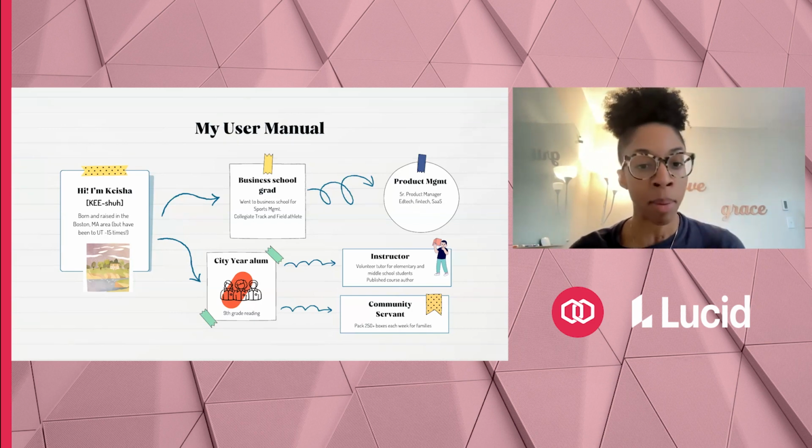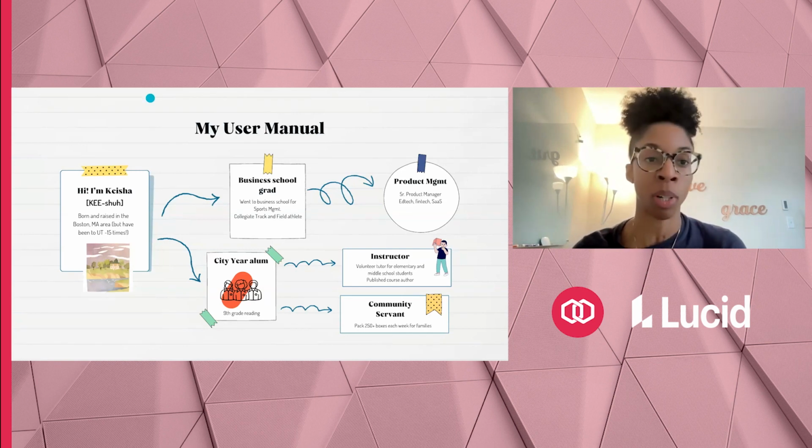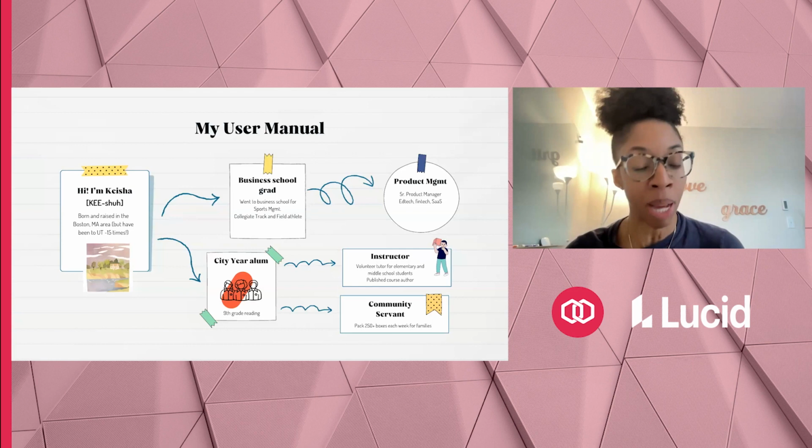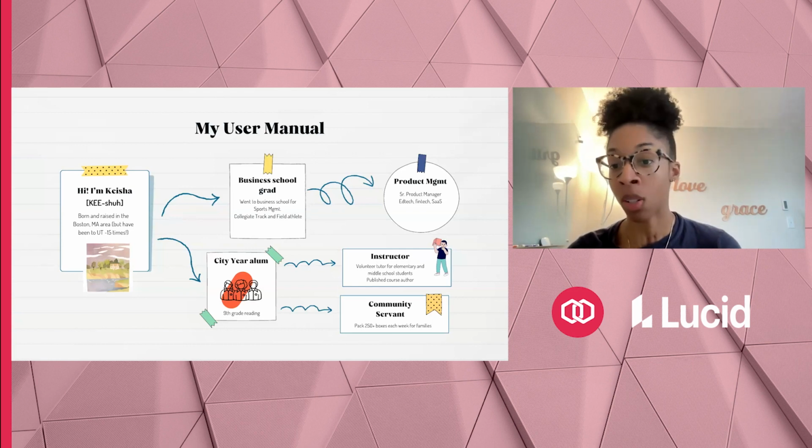But a little bit about my background. I went to business school for sports business, thinking that I was most certainly going to work in the front office of a professional sports team. That, spoiler alert, did not happen. But during my time there, I also served a year with City Year.